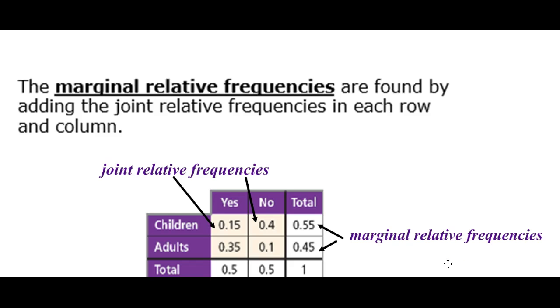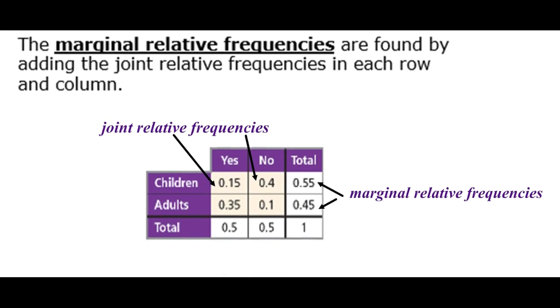So I hope that makes sense that you would have a larger marginal frequency because you have more children, right? And in this case, when we add the yes and no for the adults, we have a smaller marginal frequency because there were fewer adults. Together, we have 100%. Okay, and marginal frequency also adds the yeses, right, and the nos.